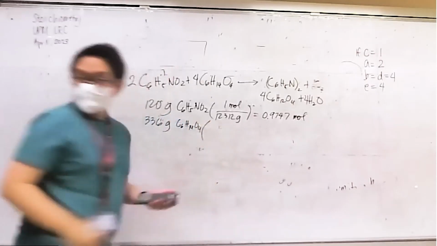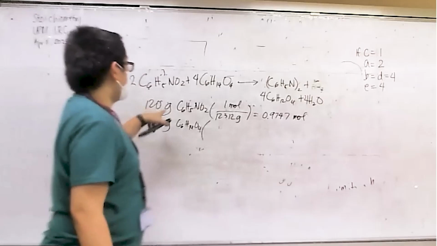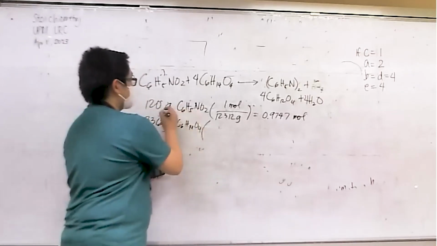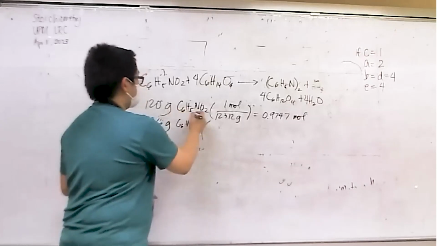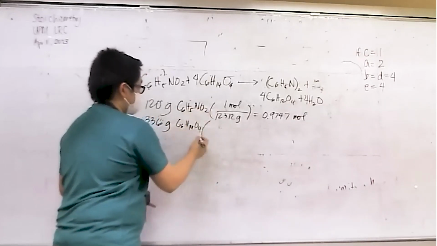336 grams, so actually ang ginawa ko is kinonvert ko na one of them into grams of the other. So for example, in my PowerPoint, kinonvert ko muna tong C6H5NO2 to grams of C6H14O4.